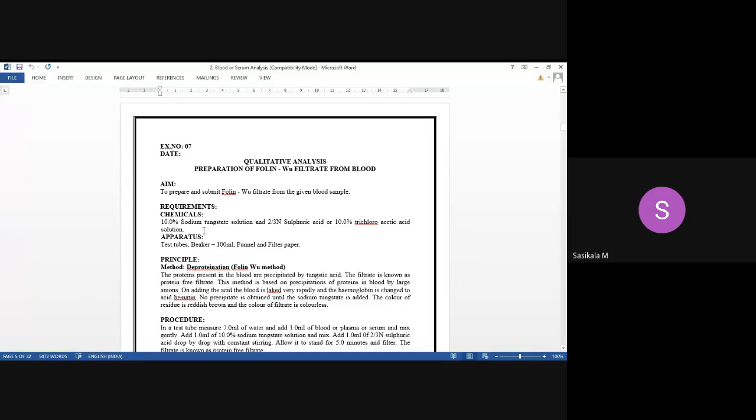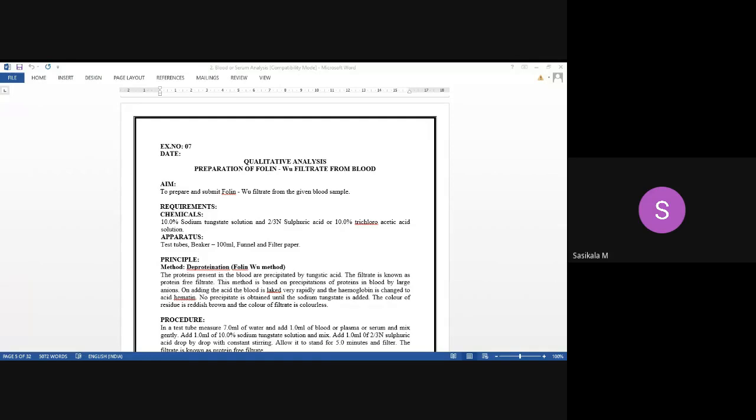So we'll use either sodium tungstate solution in sulfuric acid acidic medium, or 10% trichloroacetic acid solution. These are the two reagents you have learned that will be added for preparing protein free filtrate.